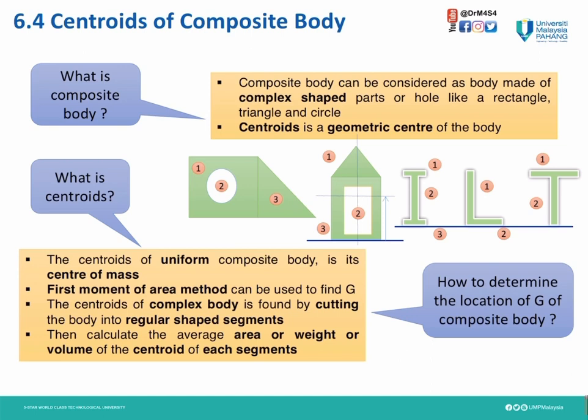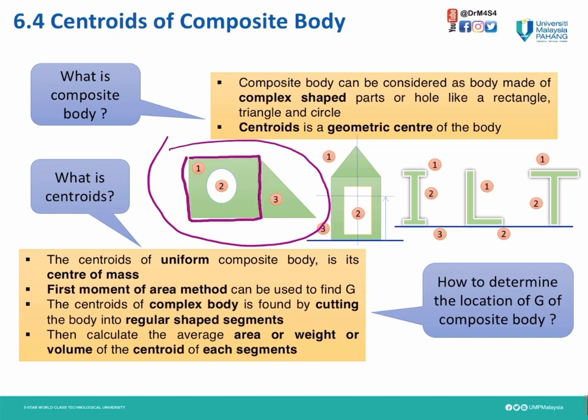Now, how about the centroid of a composite body? A composite body is a body made of a combination of simple shapes such as triangle, circle, or others. As you can see here, for this one, it is a combination of a rectangle, then a circle, then a triangle to make this body.